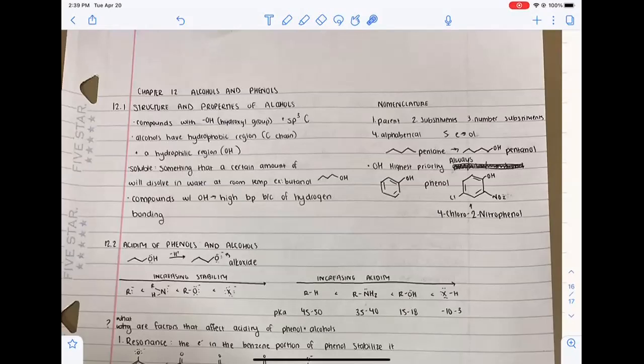So when we're talking about the structure and properties of alcohol, we know that alcohols are just, am I going to upload it? Oh, actually, let me, I can send the link in the chat. I have to email it to myself. I sent it in the GroupMe though. If you are in the GroupMe, then that is where that was sent.